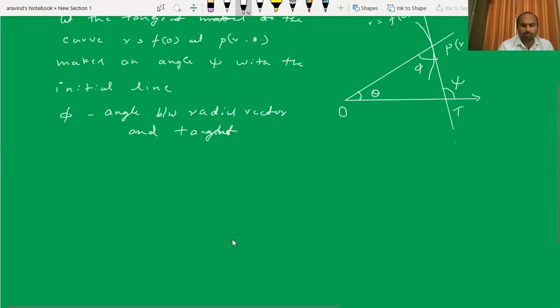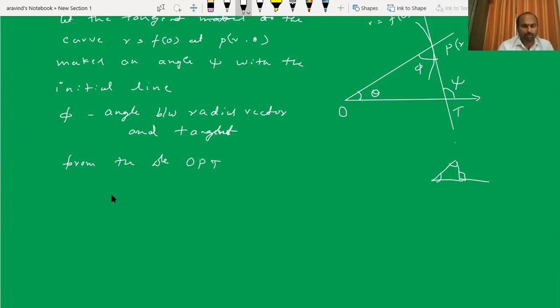So now from the triangle OPT, you know this, whenever there is a triangle, if you produce one side, the exterior angle formed will be equal to the sum of the two interior opposite angles.